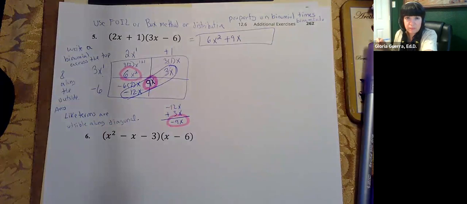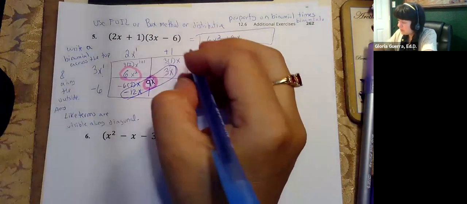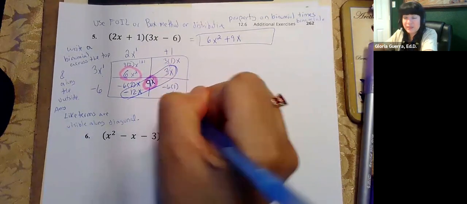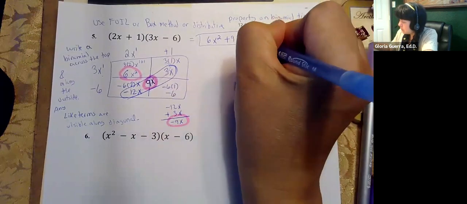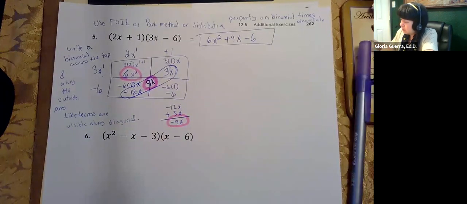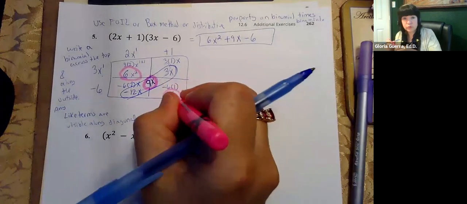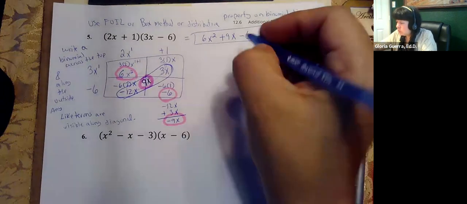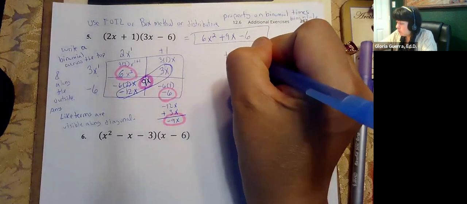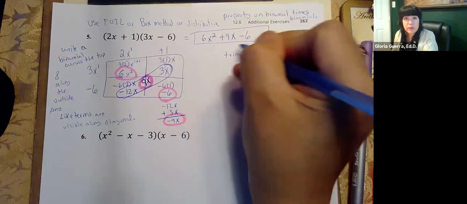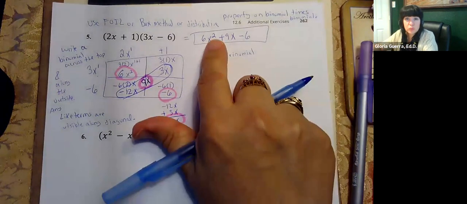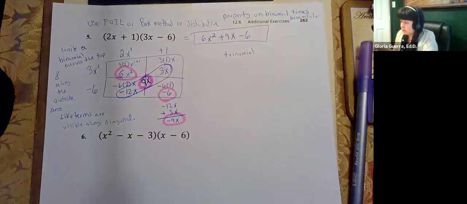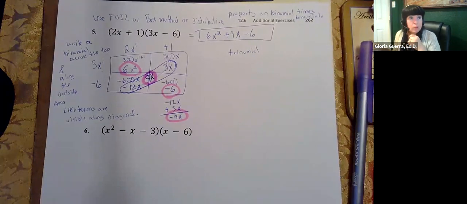And then you have -6 times 1, which is -6. Okay, so that's your result. So that's a trinomial. The degree is 2 and the leading coefficient is 6. Okay, so that's called the box method.